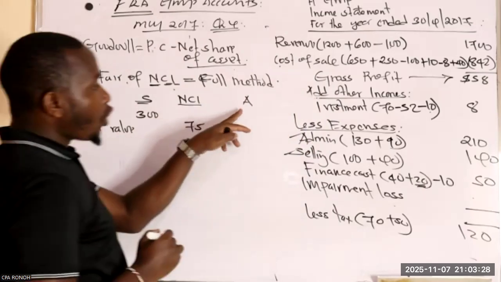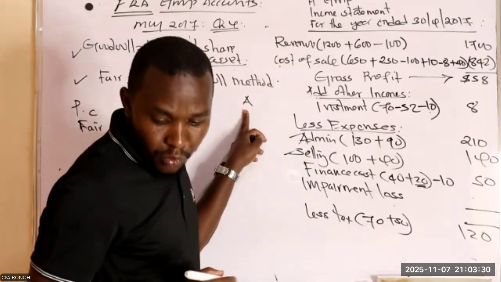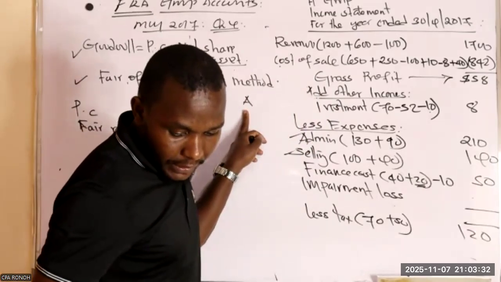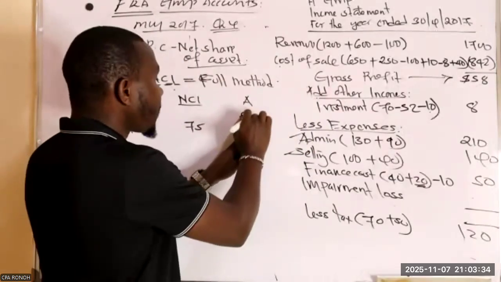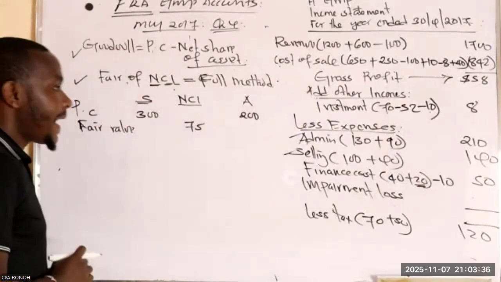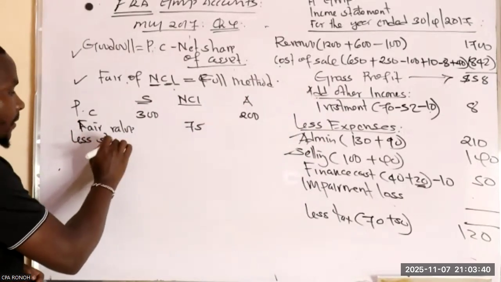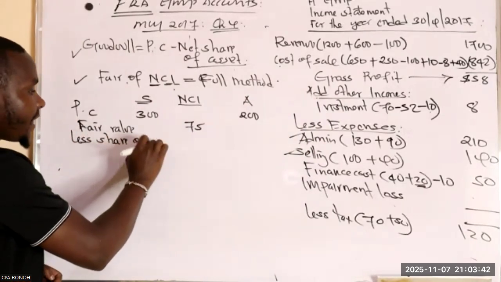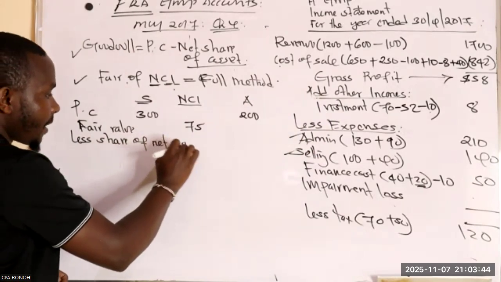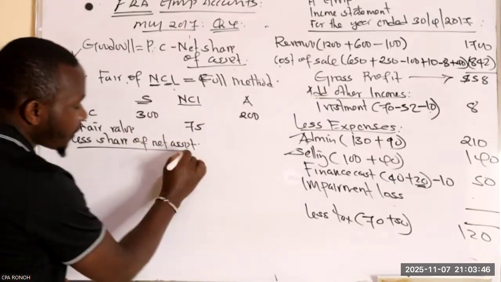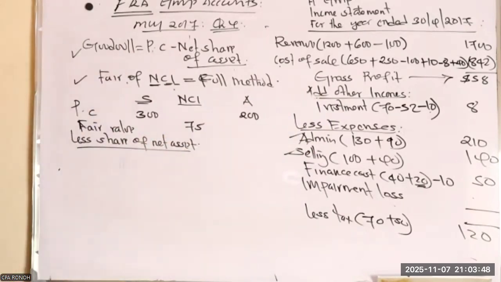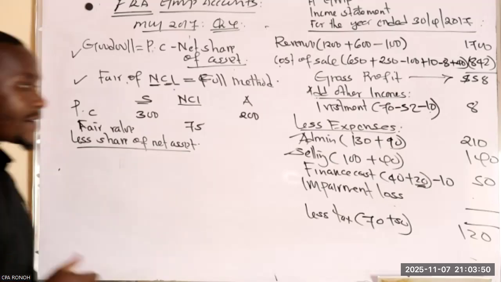What is the cost of Ajab? We bought Ajab at 200 million. So with that, you simply say less the share of net assets.